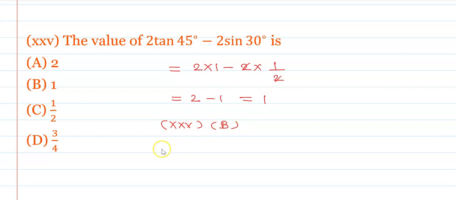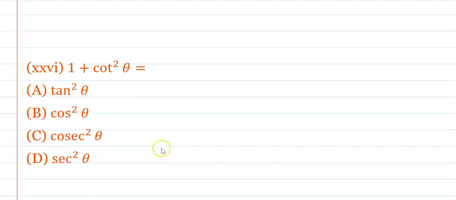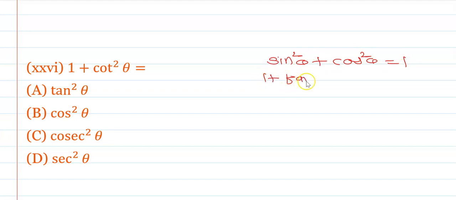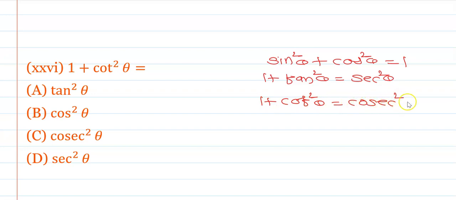Okay, now the next question. 1 plus cot square theta is equal to cosec square theta. This is an identity. Which are the identities? That is sin square theta plus cos square theta is equal to 1; 1 plus tan square theta is equal to sec square theta; and the last is 1 plus cot square theta is equal to cosec square theta.